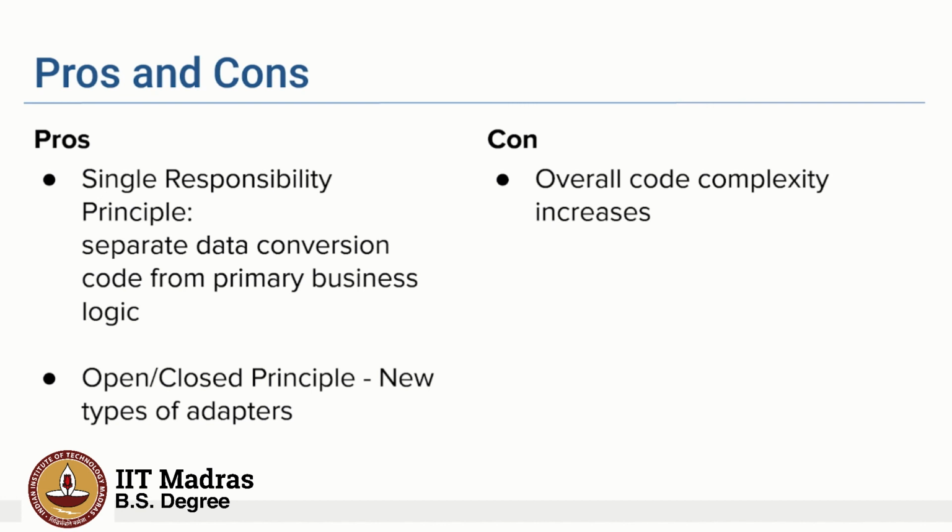So let's say we are adding an adapter, so we have to add a new class and add appropriate methods. And if we were able to make changes in the product class, or maybe get access to the conversion calculator, then we need not create a separate class for this purpose. So in that way, the overall code complexity can also increase.